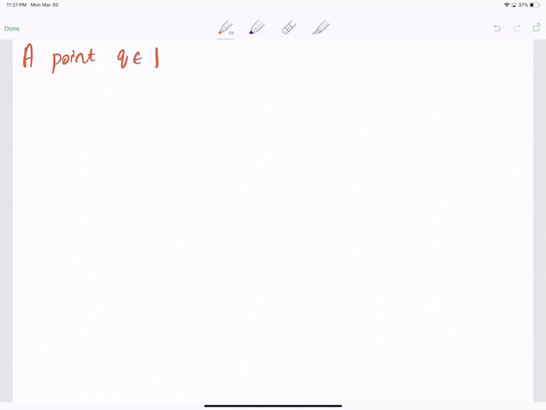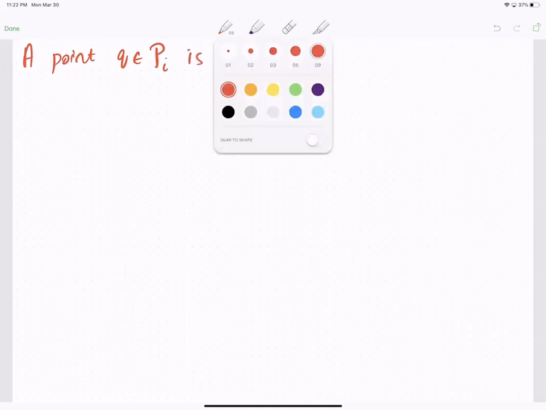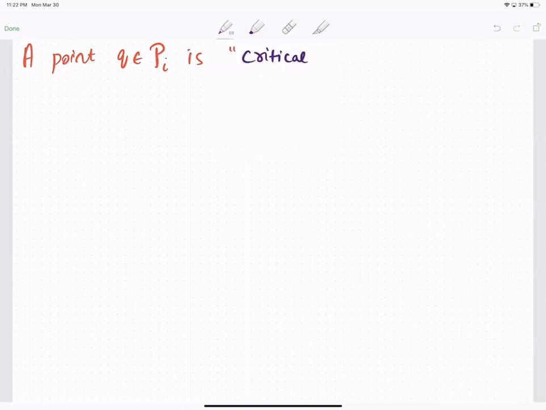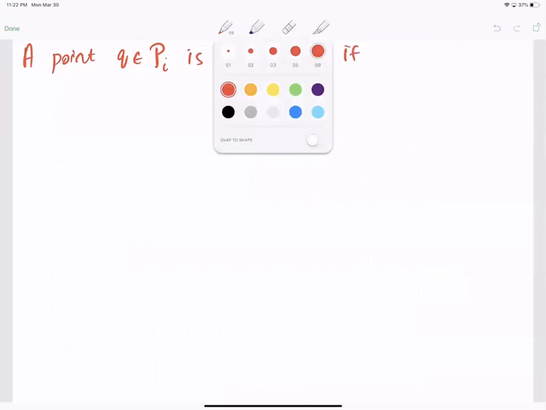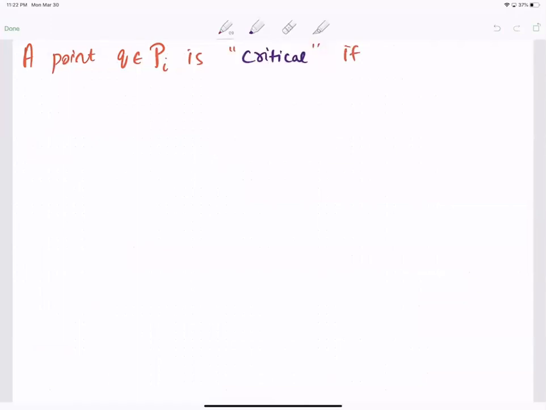A point q in capital Pi is critical if closest pair of Pi minus q is greater than closest pair of Pi. I think I should write it again because it's an important definition.